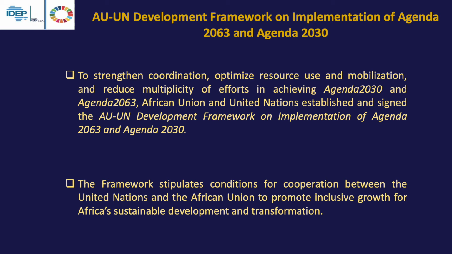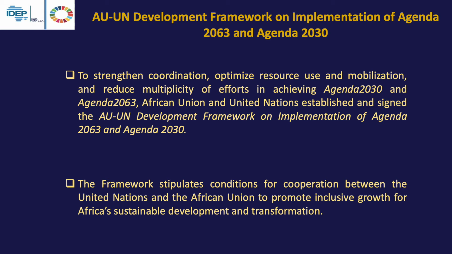The African Union United Nations Development Framework on implementation of Agenda 2063 and the 2030 Agenda was jointly developed and signed by the AU and the United Nations to strengthen coordination, optimize resource use and mobilization, as well as reduce multiplicity of efforts geared towards achieving Agenda 2030 and Agenda 2063.